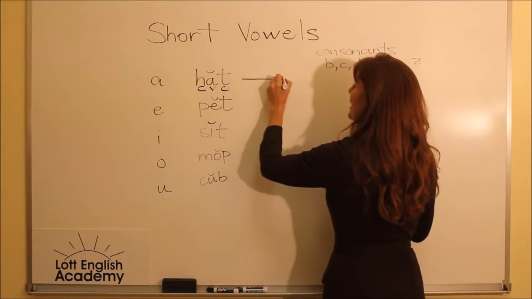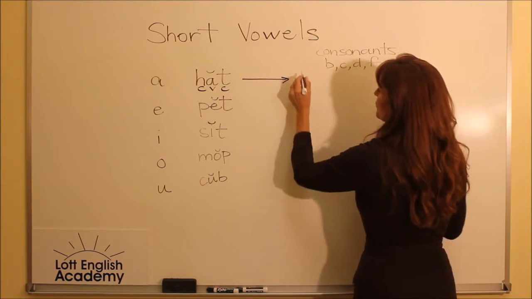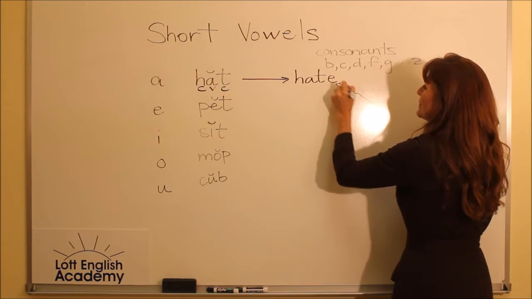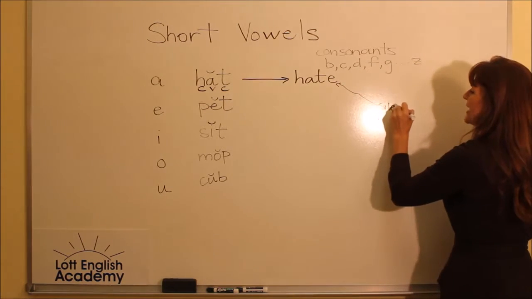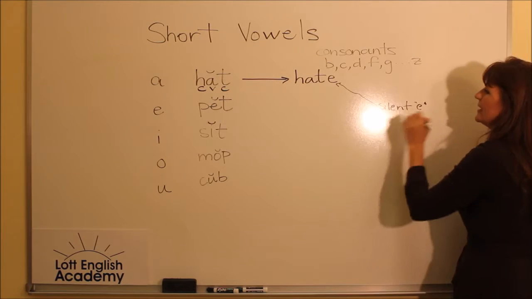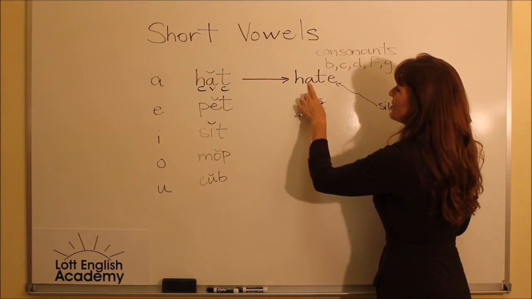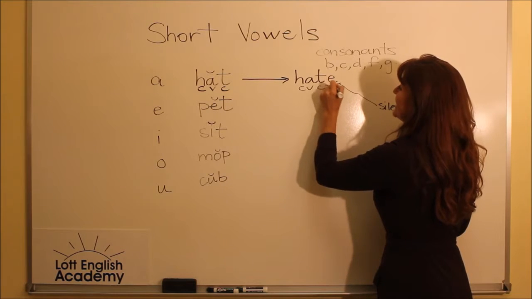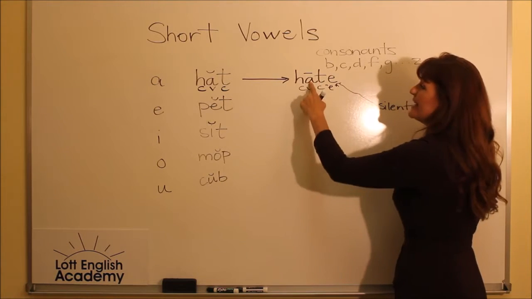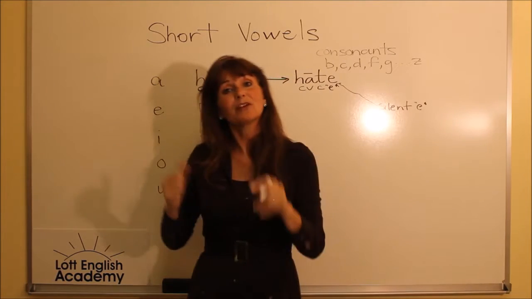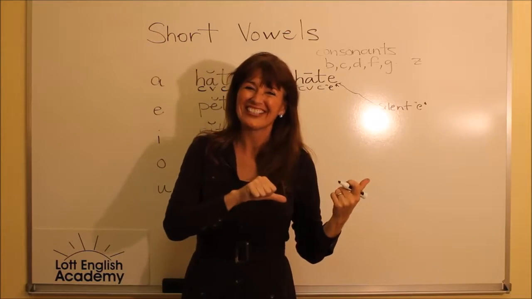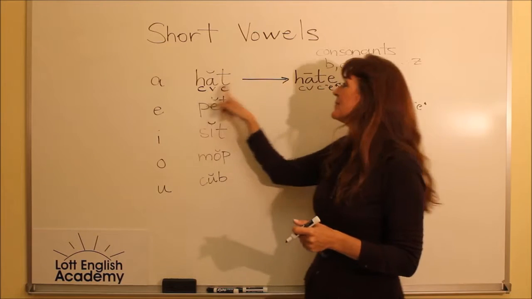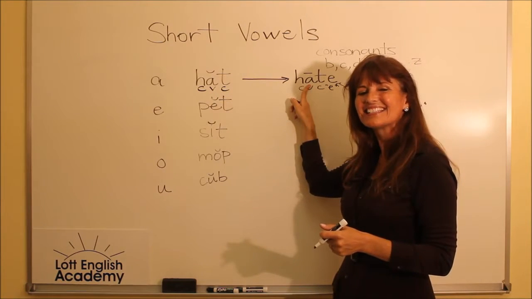But watch what happens if I change over here and add this E. Remember, we're going to call this the silent E. If I have consonant, vowel, consonant plus silent E, this A changes from a short sound to a long sound, okay?